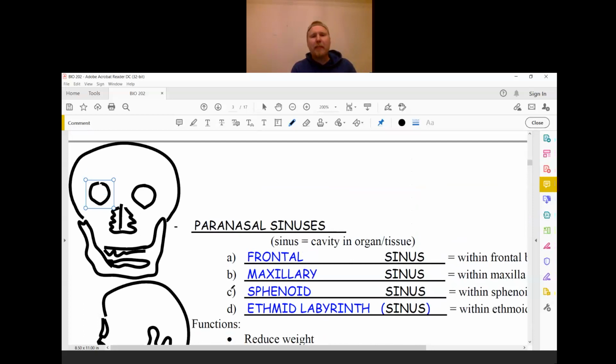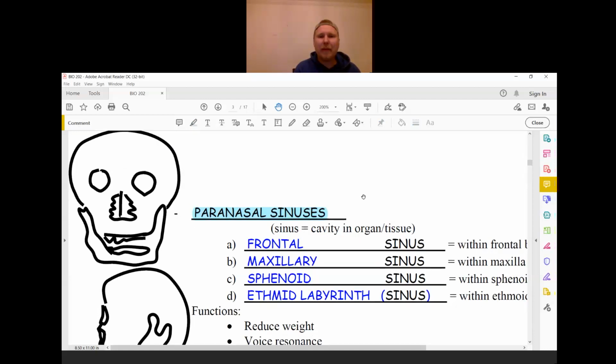So we're going to go through these paranasal sinuses, these openings within the bones of the skull. There are going to be 4 groups or 4 types that I really want to focus on. And we're going to start with the frontal sinus. You will notice that all of these sinuses are named based on the bones where they are located.